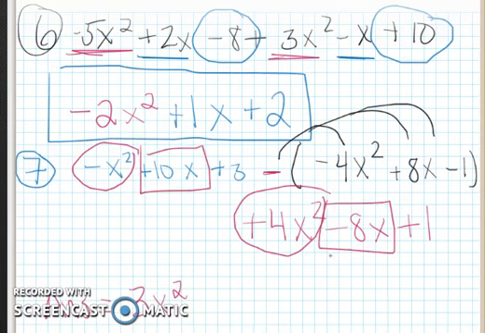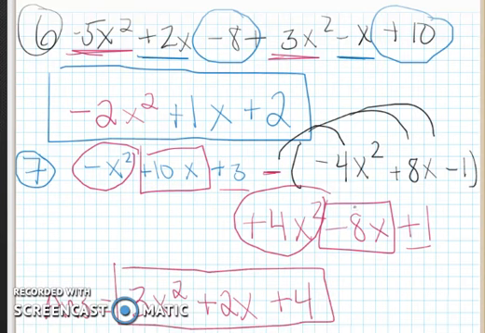Combine like terms, and we're going to get 2x. Notice how I'm putting it in standard form, the highest degree first, and then going down. And then last but not least, we have 3 plus 1, which gives me 4. So here's my answer. Make sure you distribute the negative before you combine like terms.